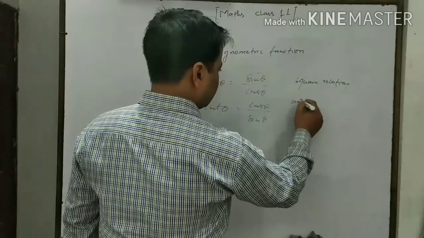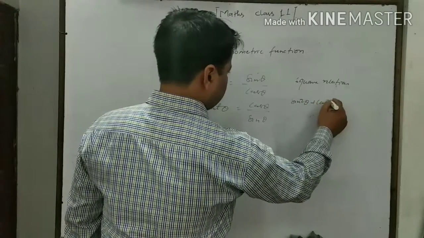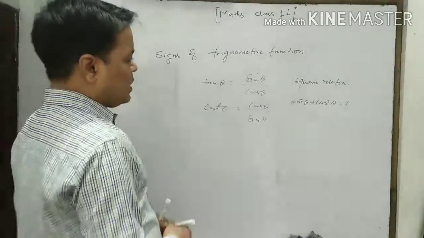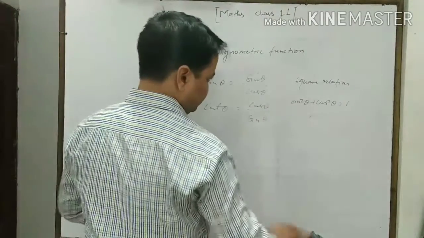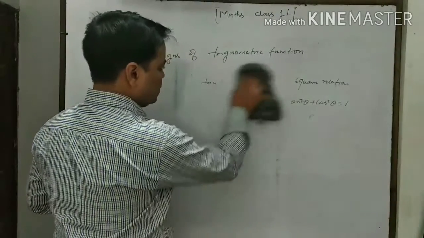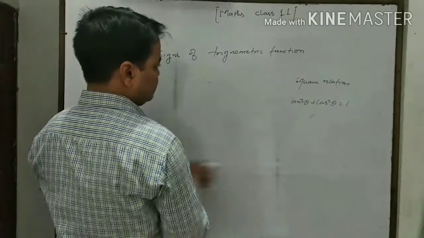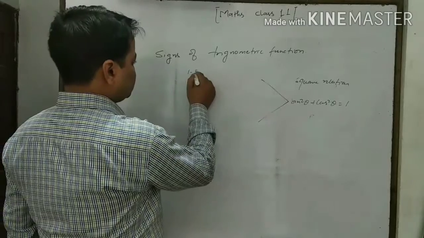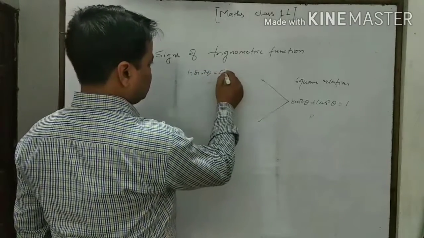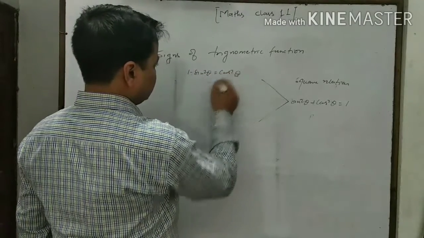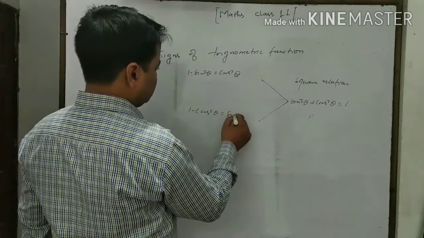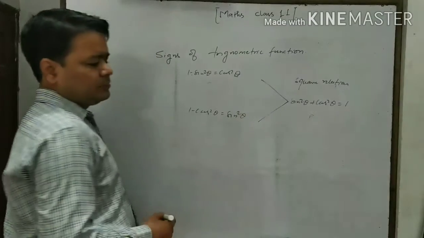That is sin square theta plus cos square theta is equal to 1. And from here we get two more formulas. 1 minus sin square theta is equal to cos square theta, and 1 minus cos square theta is equal to sin square theta.